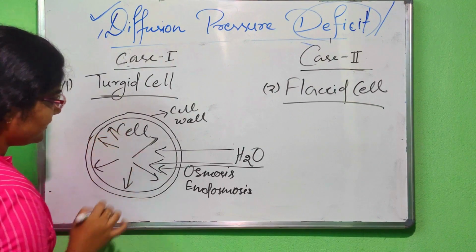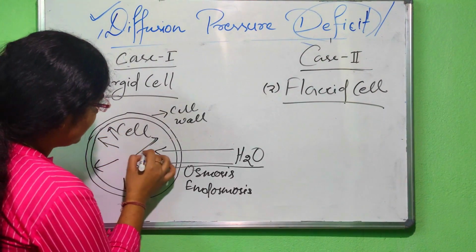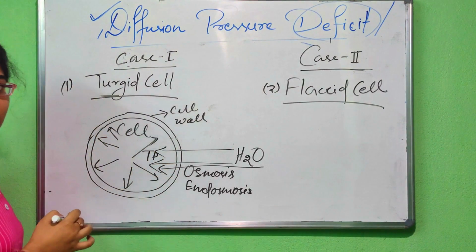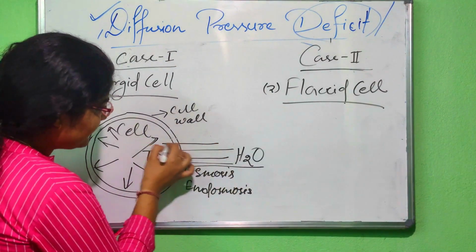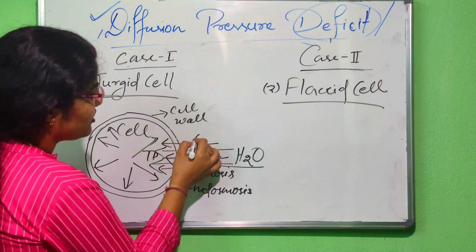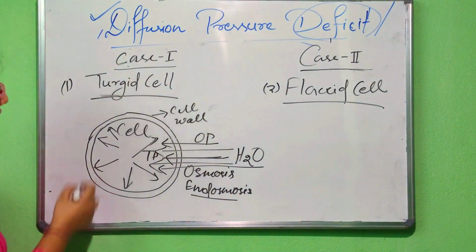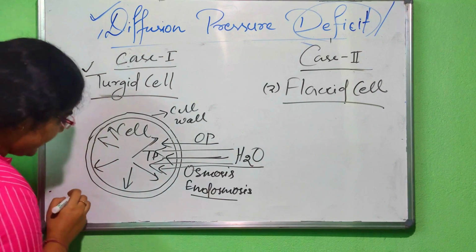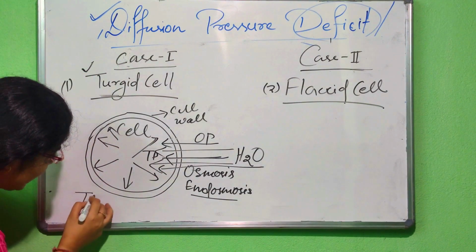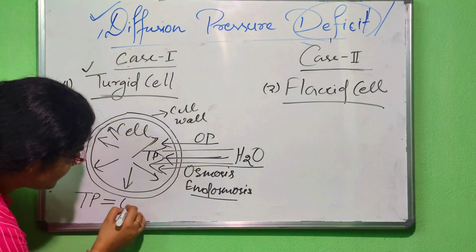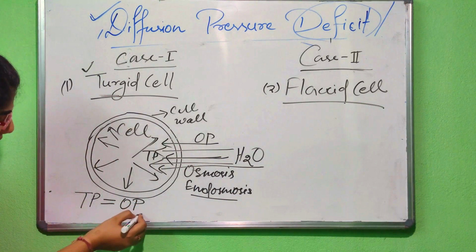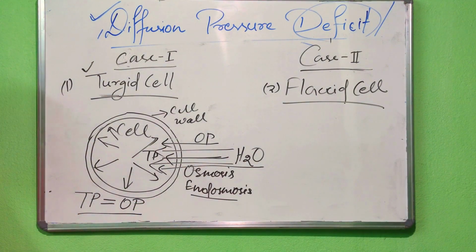That is called the Turgor pressure or TP, and the pressure that enters into the cell is the osmotic pressure, by the osmosis process. In the turgid cell, the condition is that TP is always equal to OP, that is, Turgor pressure is always equal to the osmotic pressure.